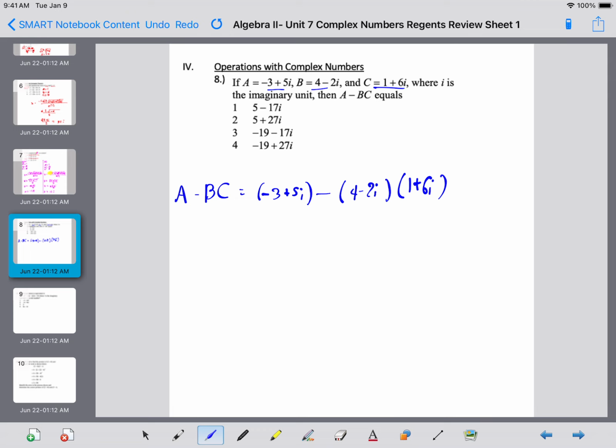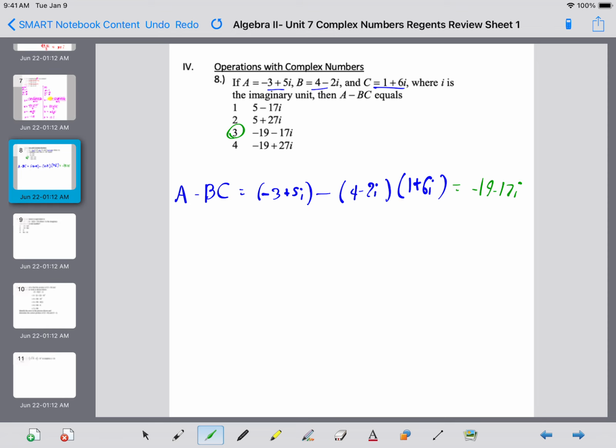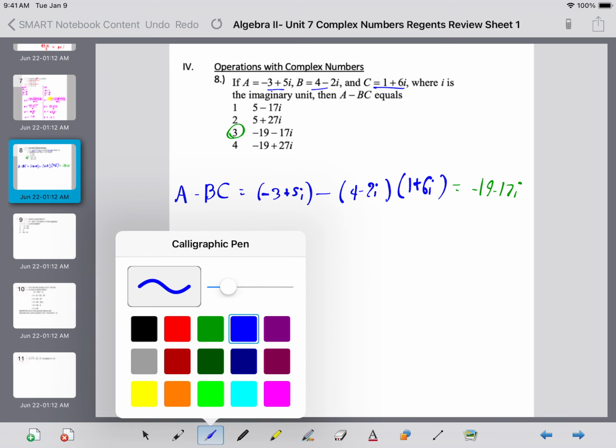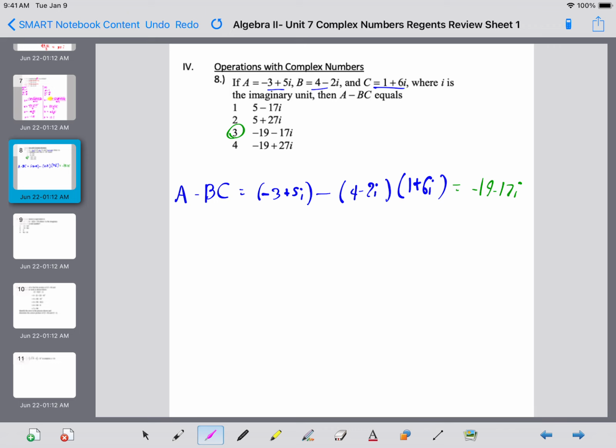Okay? And my calculator gave me the answer: -19 minus 17i. Okay? But for sakes of reviewing, let's go over how you would do it without a calculator.